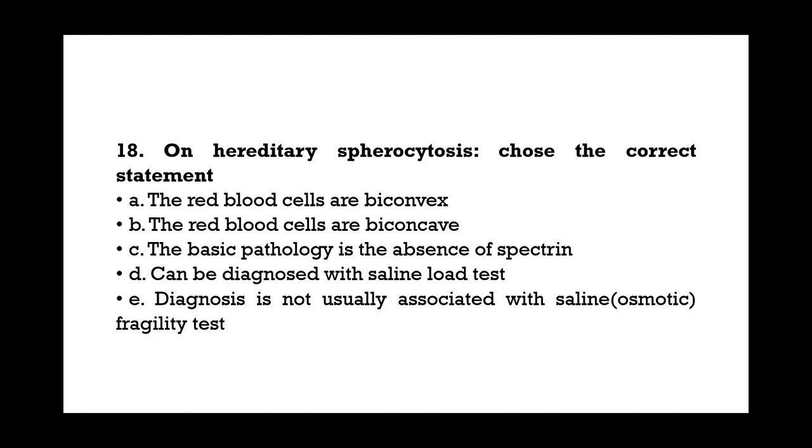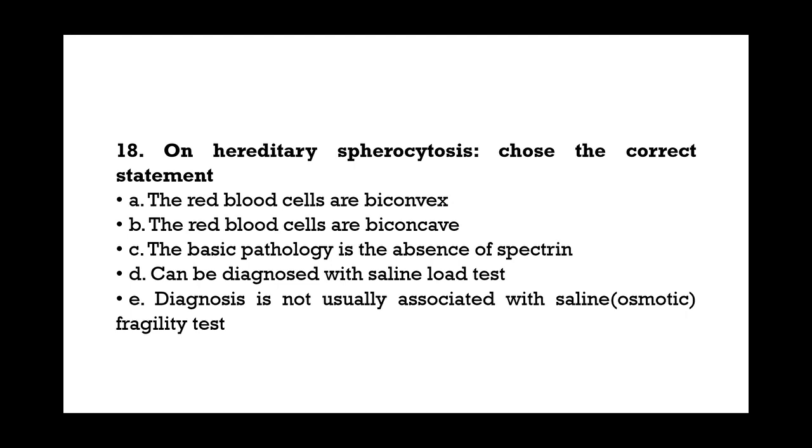A, the red blood cells are biconvex. B, the red blood cells are biconcave. C, the basic pathology is the absence of spectrin. D, can be diagnosed with saline load tests.